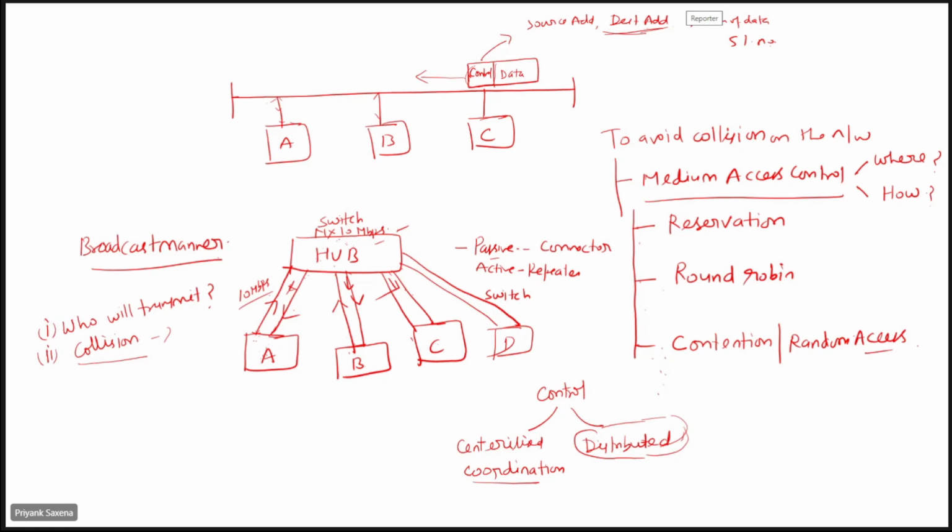So I talked about where to apply this control. Now the question is how the control will be applied, right? There can be synchronous approaches, there can be asynchronous approaches. Can you say that medium access control can be a synchronous one? We cannot have synchronous approaches because you do not know the characteristics of a station, when the station will transmit, when it will not transmit.